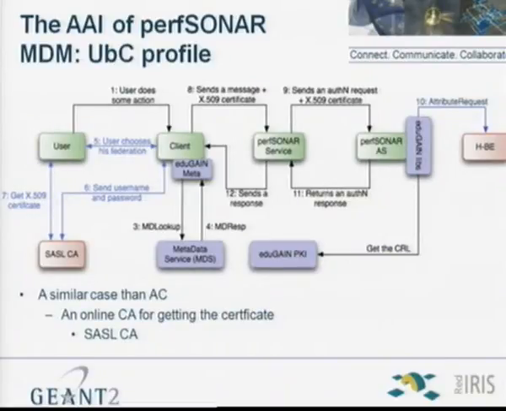Okay, and well, when the user does some action in the client, it makes a request to the metadata service asking for the available federations in eduGAIN, and shows the list. The user chooses their federation, puts in the username and password. Well, and it's the same. And right now we are using the SASL CA software. It's developed by an American guy. And well, maybe later I'm going to say some words about the SASL CA.